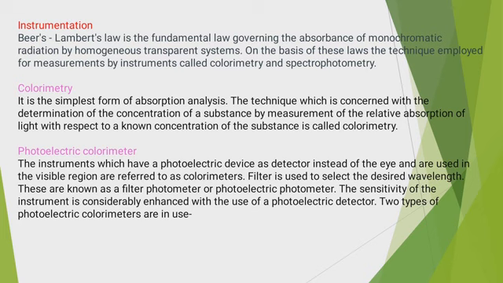In the photoelectric colorimeter we measure the intensity of the transmitted light. Here we use a photo detector, as well as filters or a monochromator.